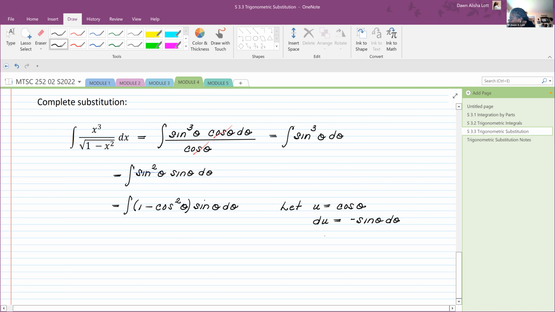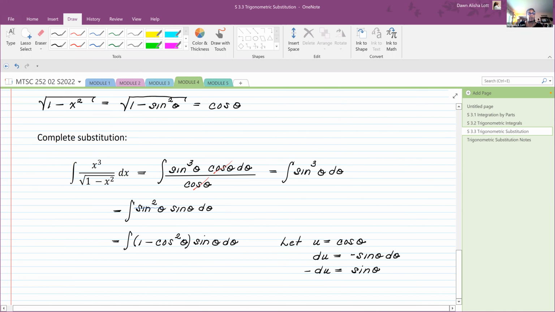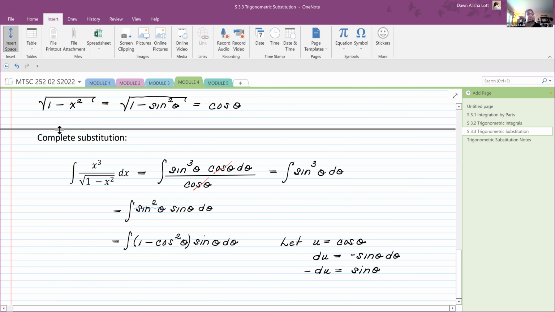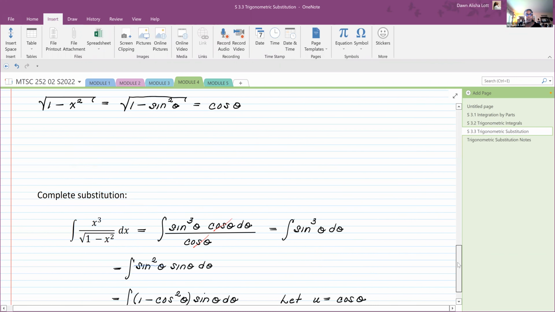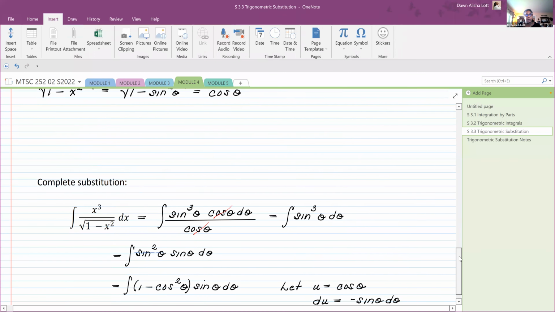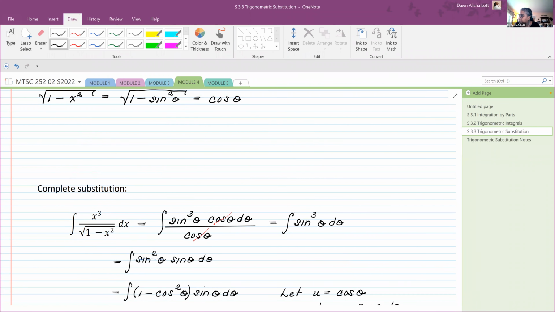And then I get negative du is the sine of theta d theta. Now, let me do an insert here right now. Okay, so the problem started in x. So notice we went from x to theta and theta to u.